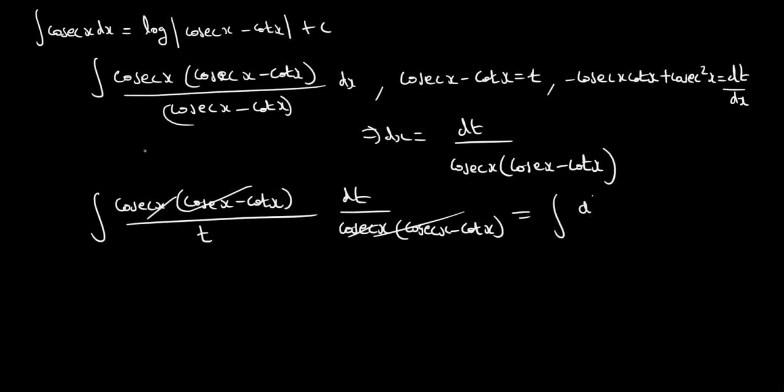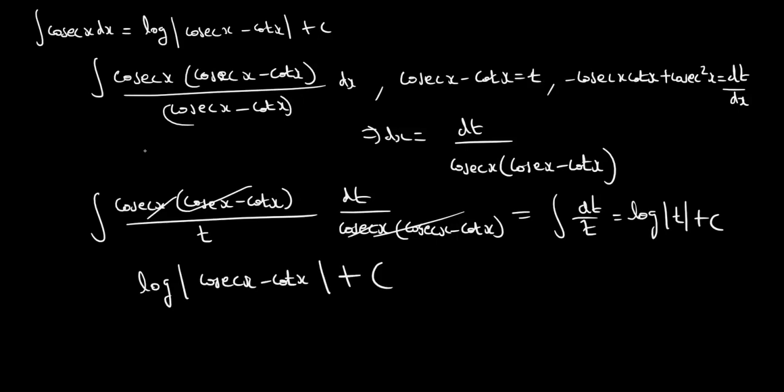So this will essentially become dt by t, which is log t plus c. Now we substitute back log cosec x minus cot x plus c.